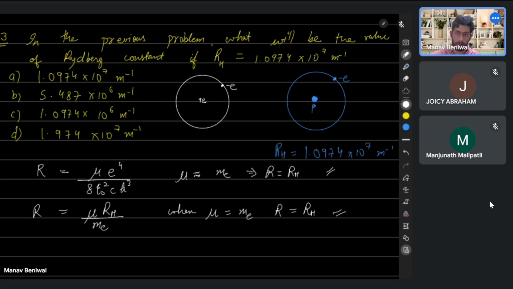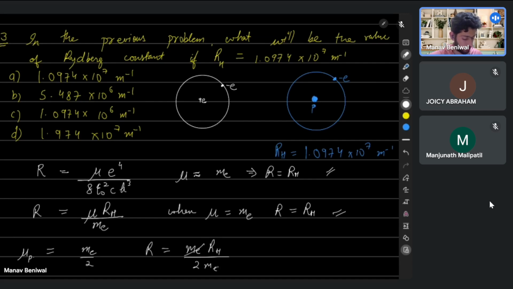Now in the previous problem, what value did we get for mu? So mu for positronium, mu p, was me by 2, correct? That was half the mass of electron. So plugging it in, we get R as me times RH over 2me.